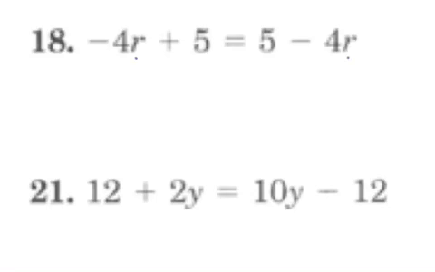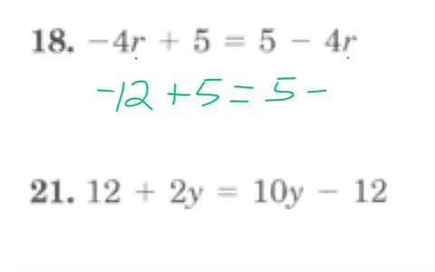If I picked the number 3, then I would have negative 4 times 3, or negative 12, plus 5, equal 5 minus, again, 4 times 3, which is 12.